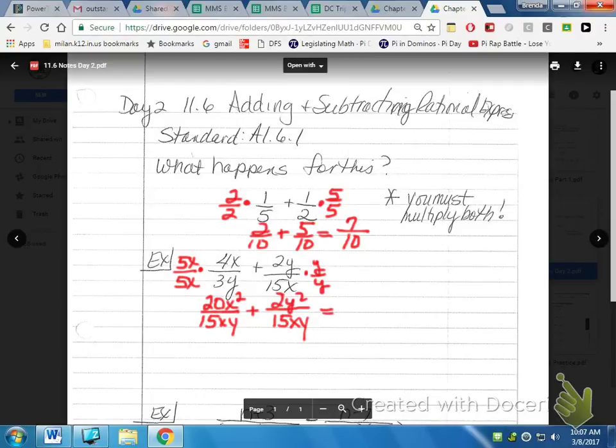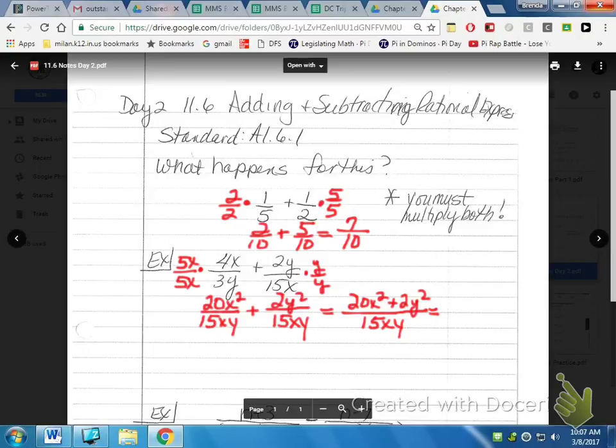Alright, now that I have that done, I'm going to combine them together. My denominator is just going to be one of the 15xy's. And the numerator, those are not like terms at all, so I would write 20x squared plus 2y squared. You still need to factor and see if anything cancels because it could happen.